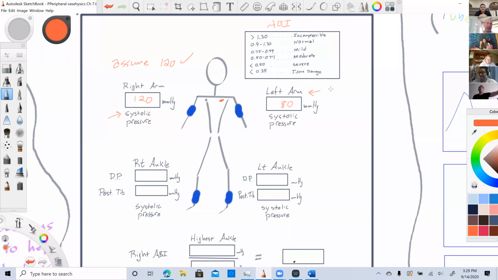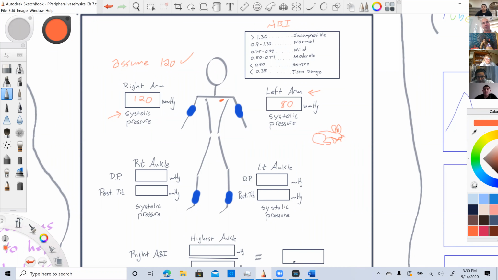So if you have plaque right here, what kind of waveform might you have in the vertebral artery? We got our little bunny sign.